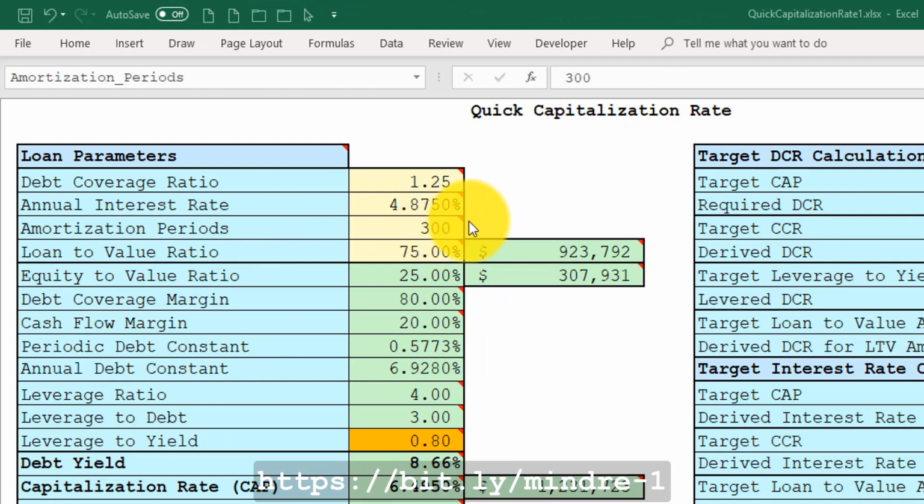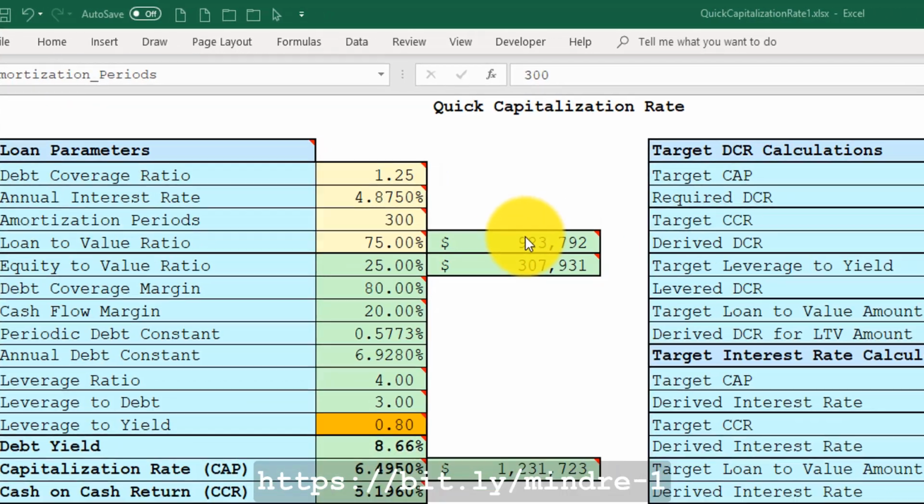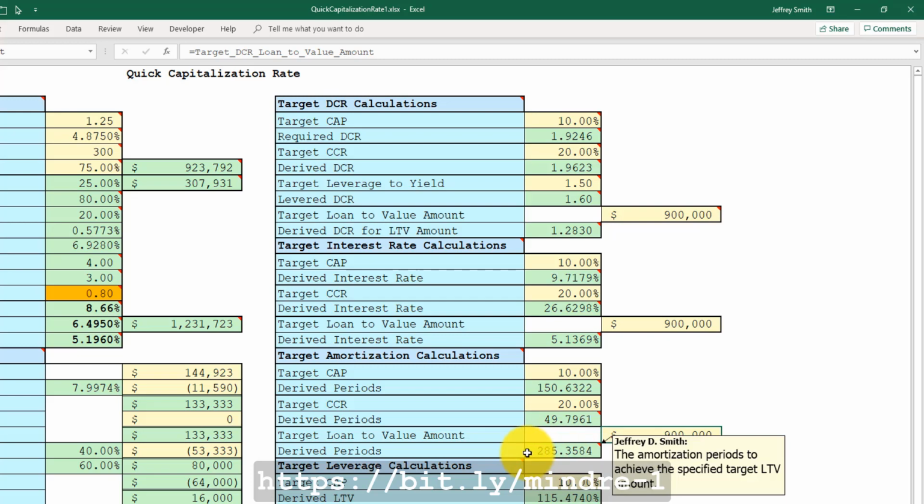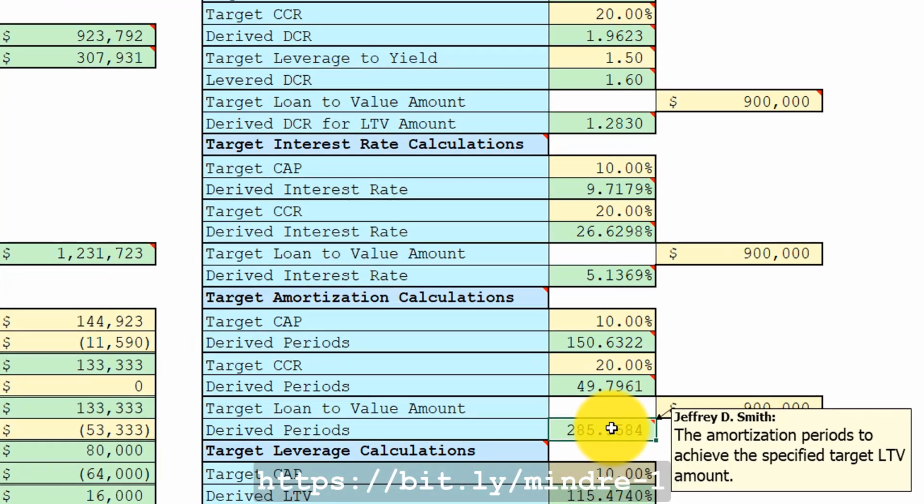Now let's change the amortization periods to get a loan amount of 900,000. Come down here to target amortization calculations. We plug in the 900,000 and we compute 285.3584 amortization periods.